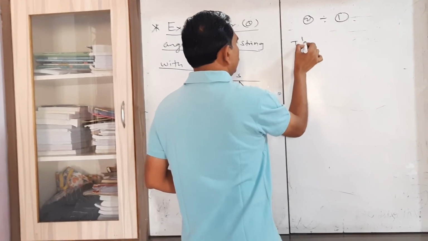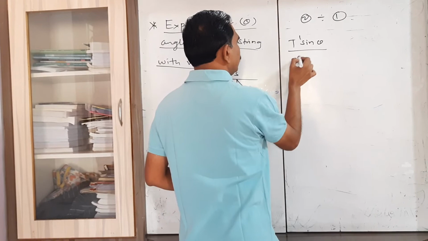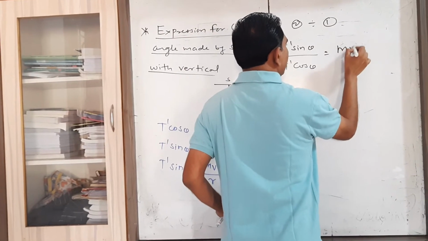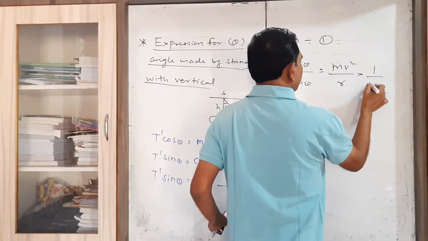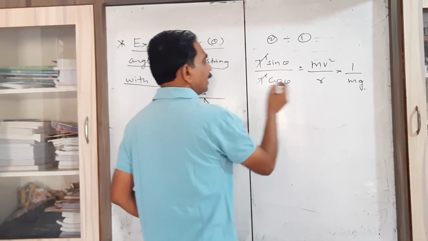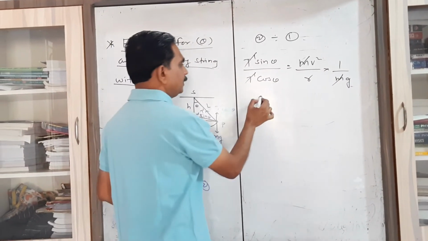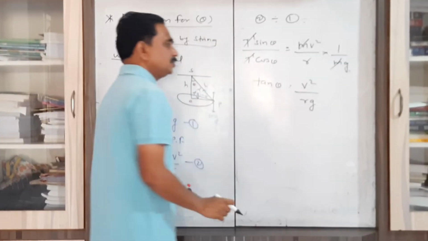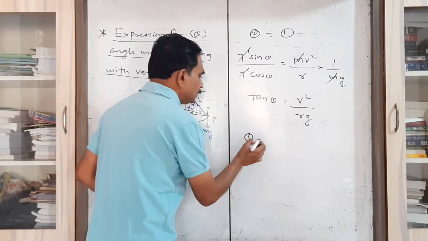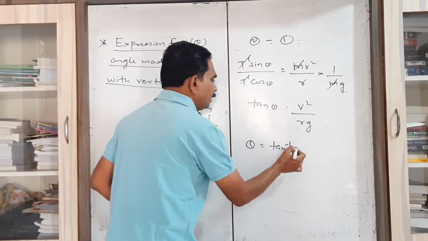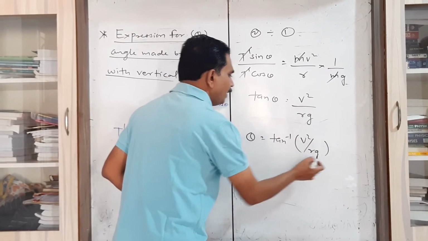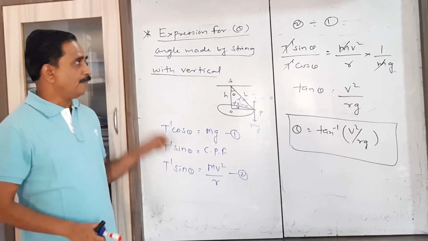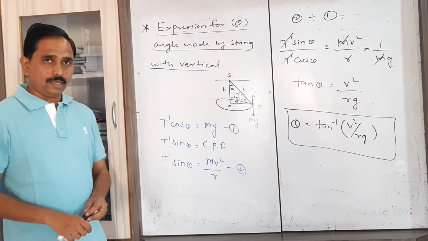So I write T' sin theta upon T' cos theta equal to mv square by r into 1 upon mg. We can cancel this m. Sin theta upon cos theta is tan theta equal to v square by rg. We need the angle, so theta equal to tan inverse of v square by rg.